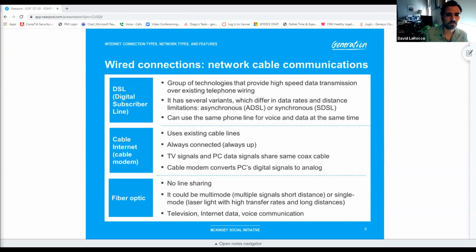I remember that ADSL is asynchronous and the other one is synchronous, and it has to do with the data rates. The asynchronous has less bandwidth on the upload. That is correct. That's what a lot of people have at home.